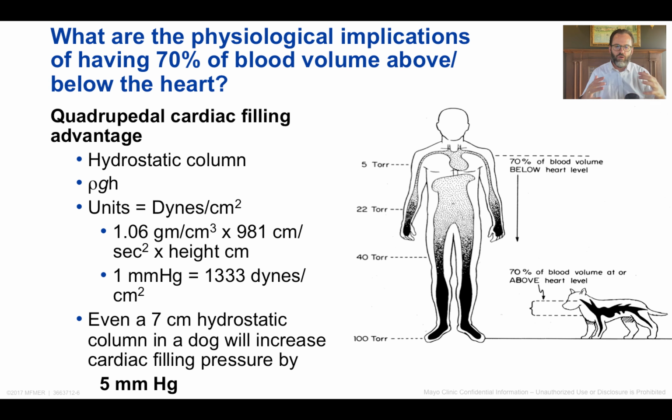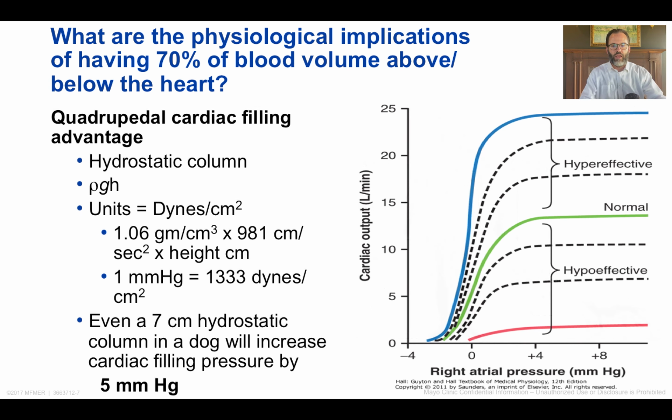Okay, so that's just 7 centimeters, right? And we say, well, who really cares, right? Well, when we look at that shift of what 5 millimeters of mercury will do for cardiac filling, you can see over here, if we're normally around 0 for humans in an upright position, and you were to shift rightward 5 millimeters of mercury with regards to cardiac filling pressure, you would actually be near a maximum cardiac filling pressure for any given level of cardiac contractility.